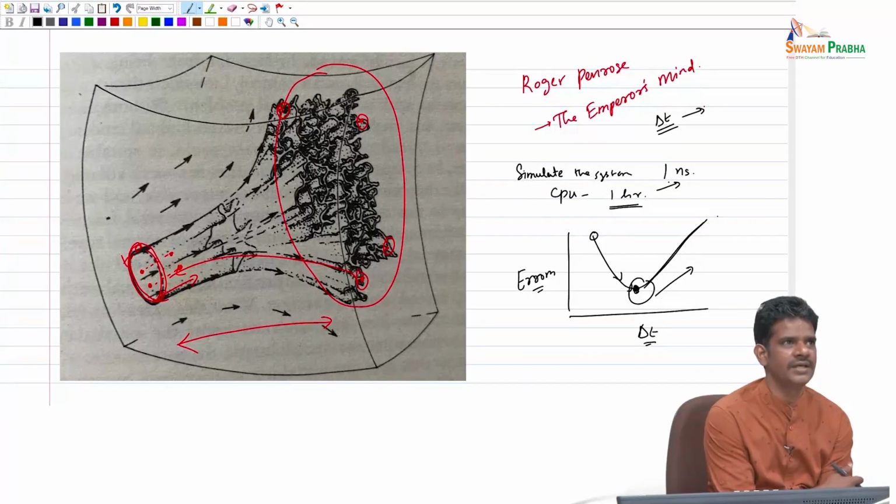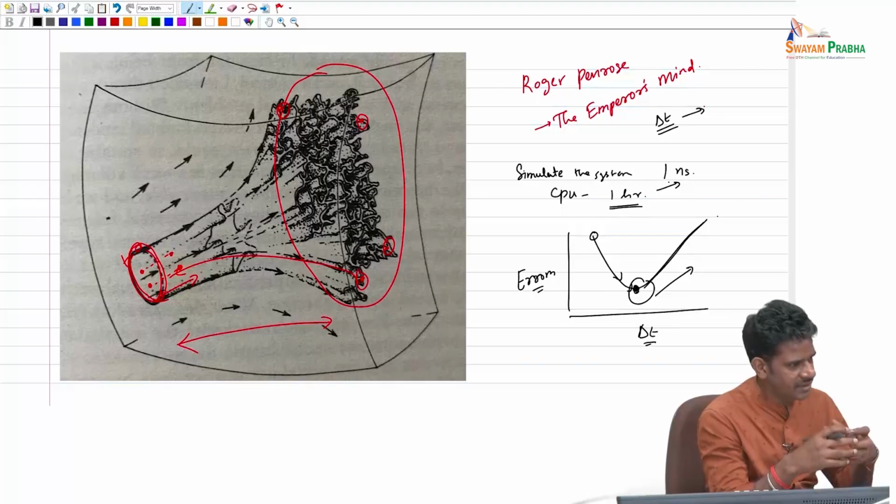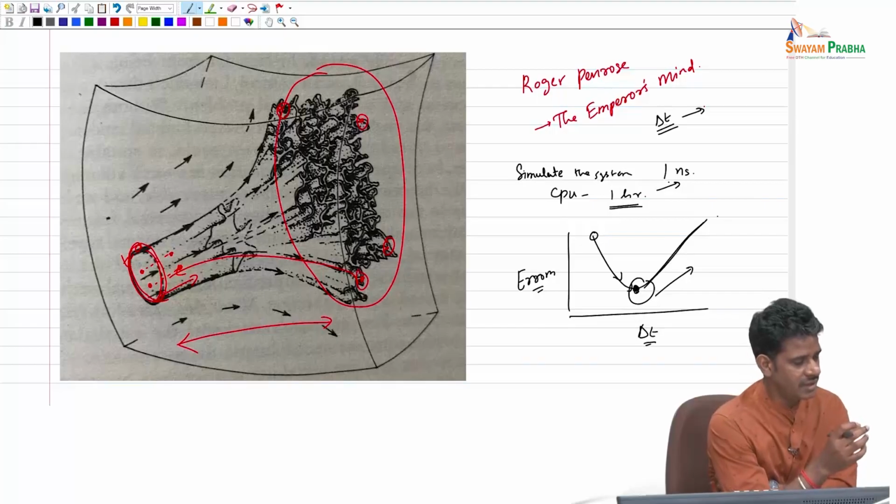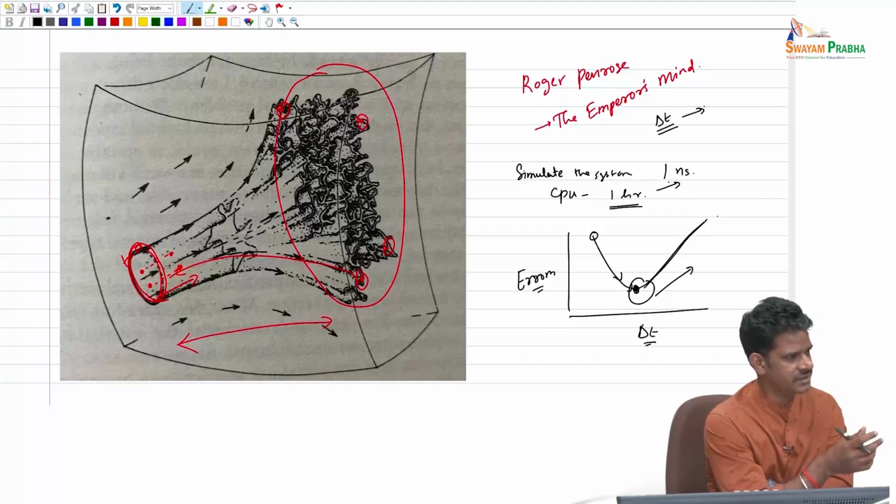So if you're talking about a system where bond vibration is present, and the motion of the molecules is also present in terms of diffusion and other things, then your time step will be limited by the shortest time scale involved in the physical process, in this case the bond vibration. There are many ways we can handle this. One is to use a dual time step MD.